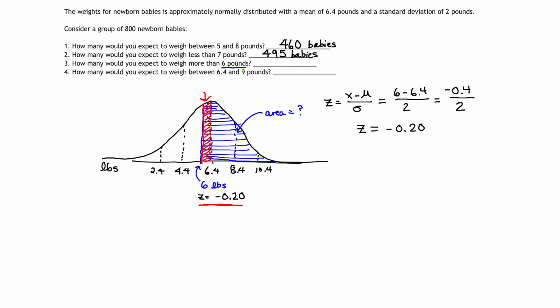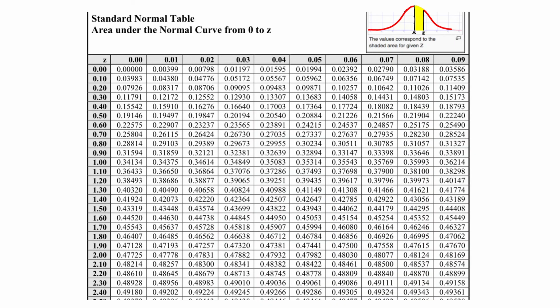So let's look at our chart. We are looking for a z-score equal to negative 0.20, and we ignore the negative, correct? We just look at the positive or the absolute value. And so it looks to me like that area is 0.07926.